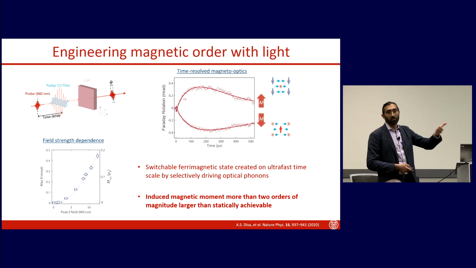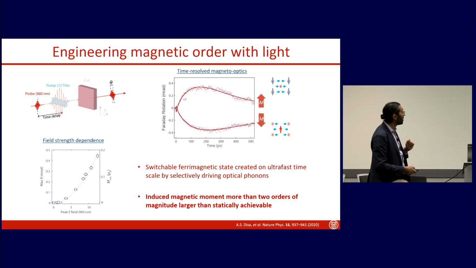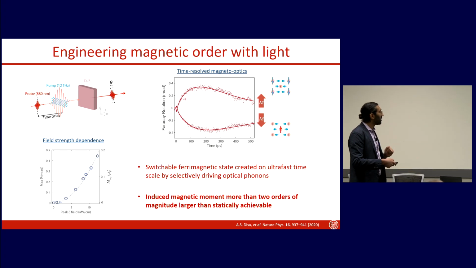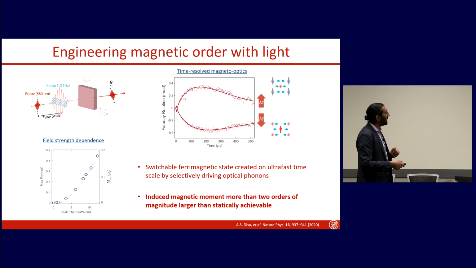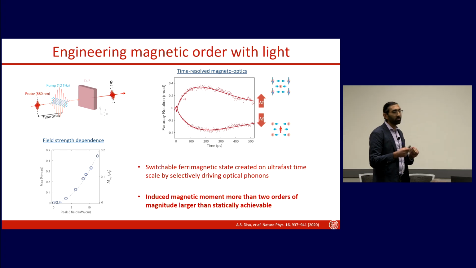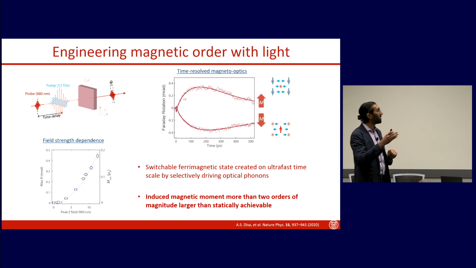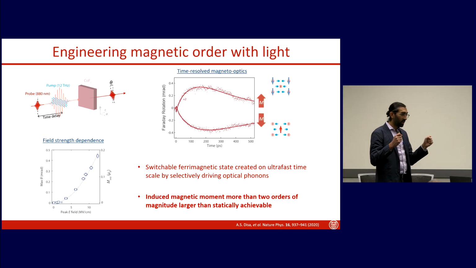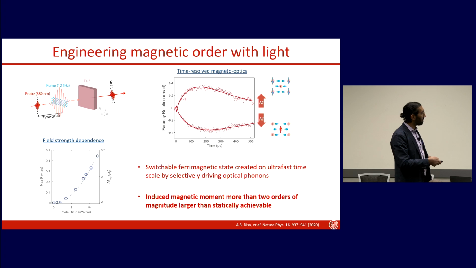You can go in one direction or another by changing the polarization of your pump pulses. And moreover, probably the most interesting thing is that we could achieve, at the end of the day, an induced magnetization that's about 0.2 Bohr magnetons per formula unit, which is about 100 times more than you could possibly achieve by stress. The crystal will break before you can achieve anything more than 100 times less than this.